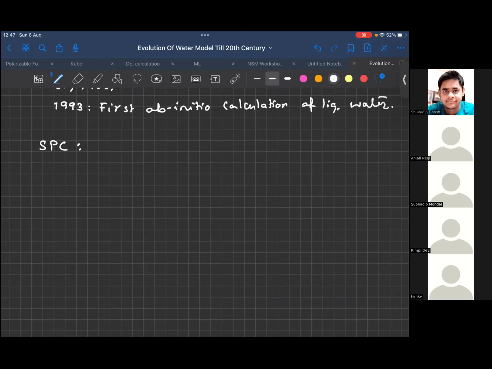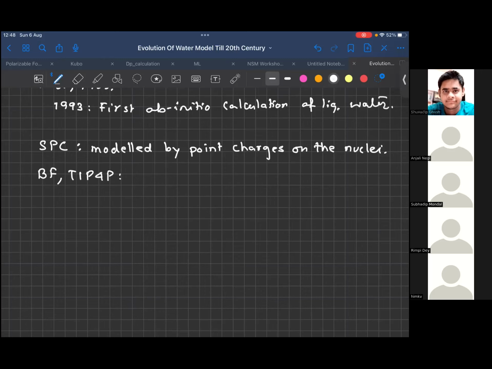As I said, people tried additional fictive sites. Like this BF model, and all of you know TIP4P.